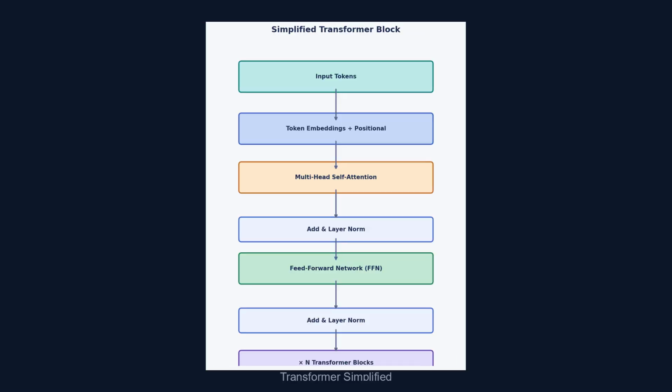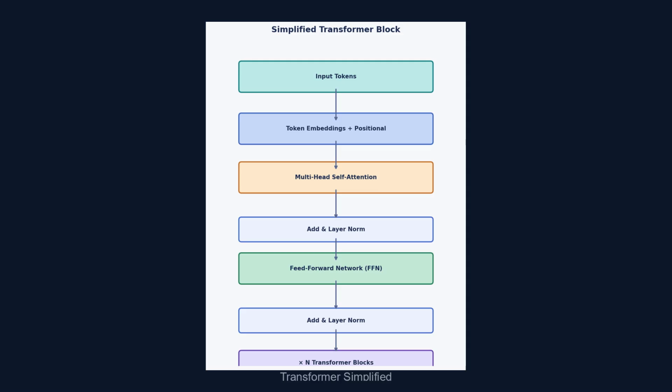This diagram shows a single transformer block, the fundamental computational unit that stacks dozens of times inside a large language model. Input tokens enter at the bottom and get converted into embeddings with positional information, so the model knows both what each token is and where it sits in the sequence. Those embeddings flow into the multi-head self-attention mechanism, which is where the model learns which tokens are relevant to each other, the contextual relationships that make coherent language generation possible.